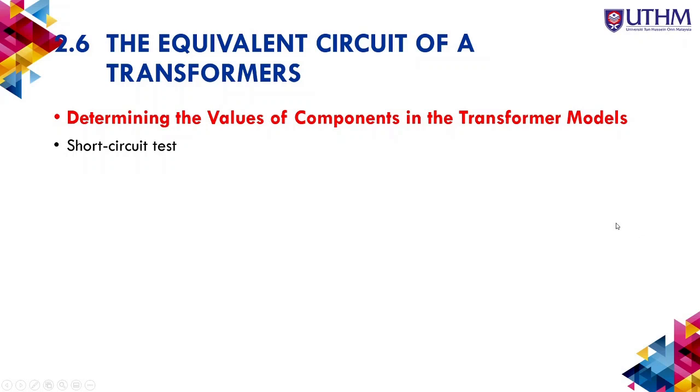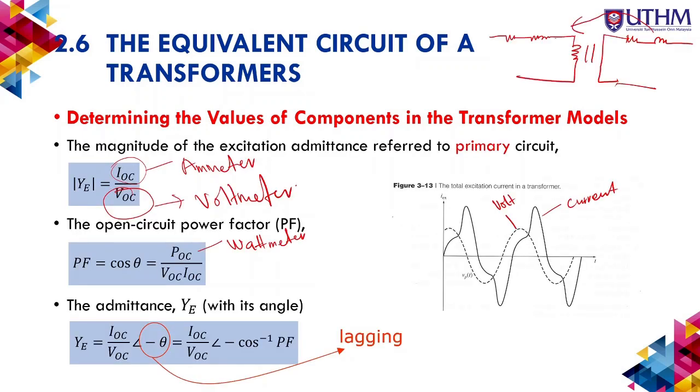Okay, so bila kita dah dapat YE, so for example kalau kita dapat macam ni katakan value dia adalah 10.5 negatif 10 contoh, and then kita pecahkan dia kepada real dan juga imaginary lah.